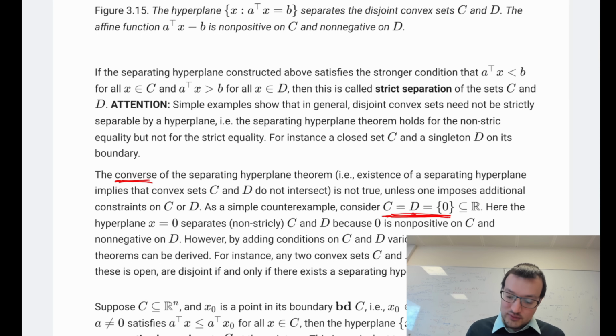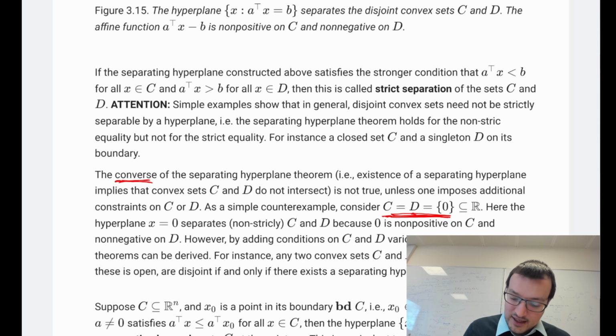So we found a separating hyperplane, but of course C and D are intersecting, so the intersection is not empty. So the converse is not true, unless we add additional conditions. If we add additional conditions, then the existence of a separating hyperplane implies that C and D are disjoint.